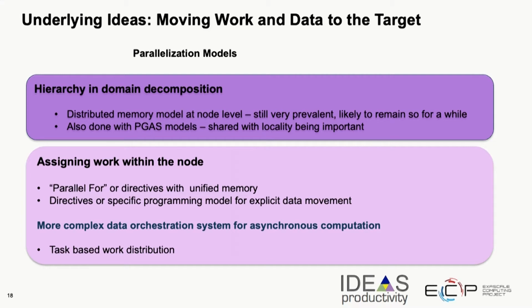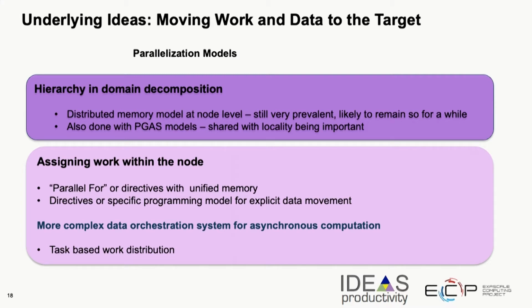For most of the C++ based abstraction models, assigning work within the node just works with parallel for, and there are many different ways in which these parallel fors are written, but they make the details somewhat transparent to the user.